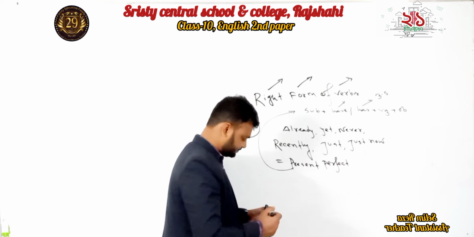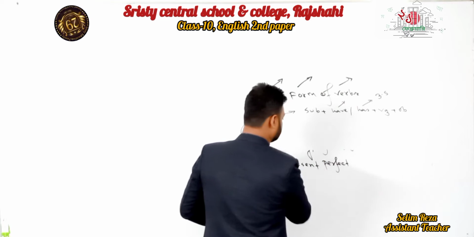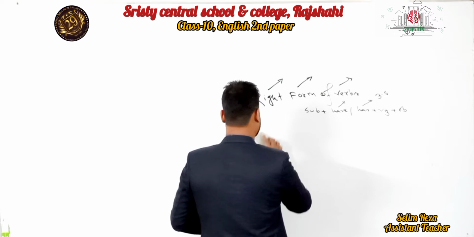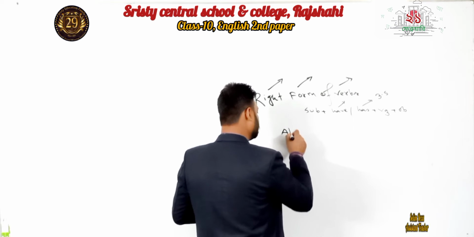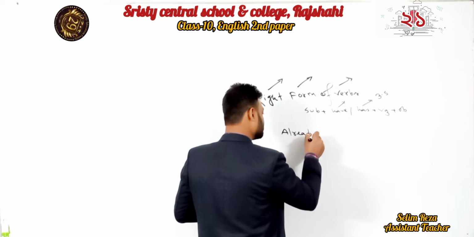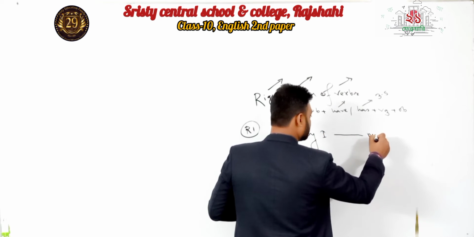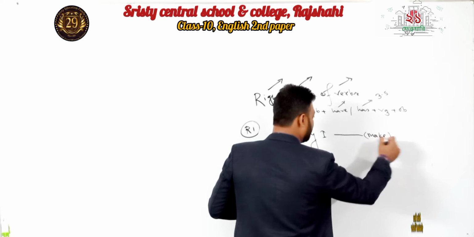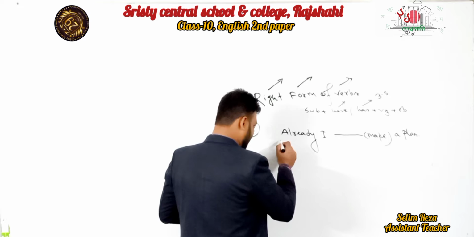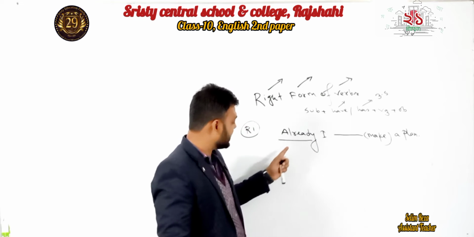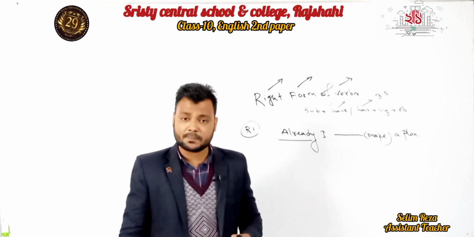For example, already I dash make a plan. Okay, so as the sentence has already, the tense must be present perfect.